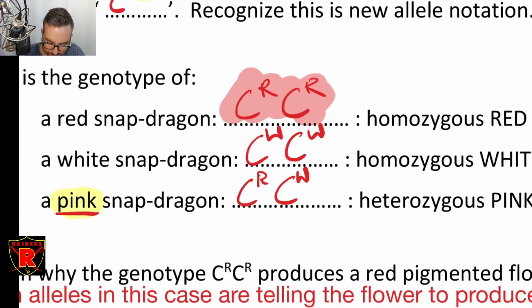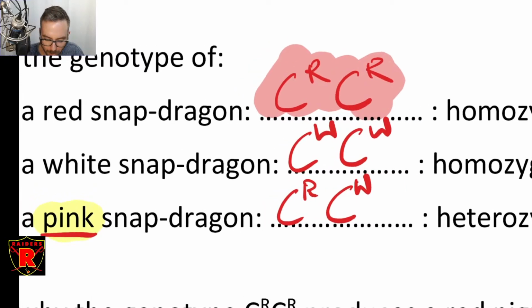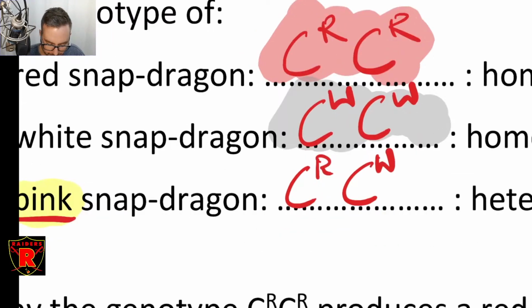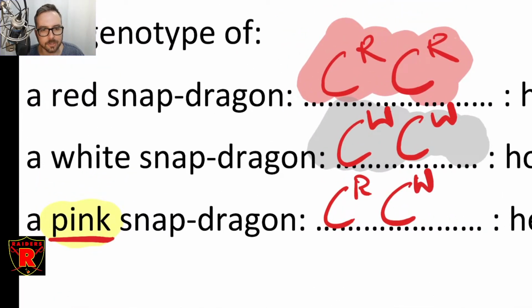That's fine. Anyway, CR CR is red. White is also homozygous, but it's homozygous white. So how do I actually show white? Maybe I'll do gray like this, and that means white. Okay, so we've got red and white, and then the last genotype here is for pink, and pink is the hybrid. It's the heterozygote, where you have one of each.